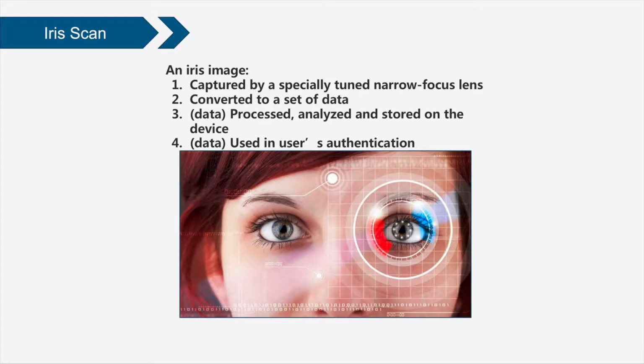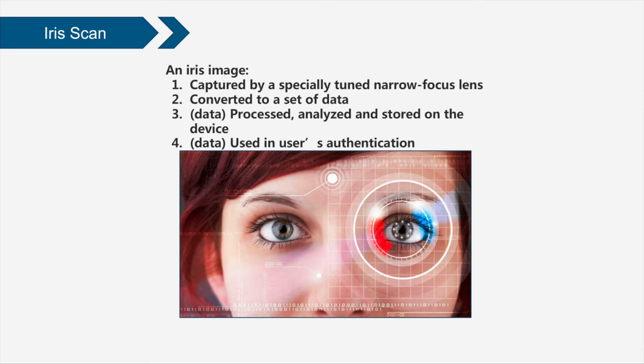Then let's move on to a simple comparison between Face ID and iris scanning, which is introduced by Samsung. Iris scan was first applied to the Samsung Galaxy 7. In this technology, each eye of a person has a different iris pattern structure. Even the same person's right eye and left eye are very different.